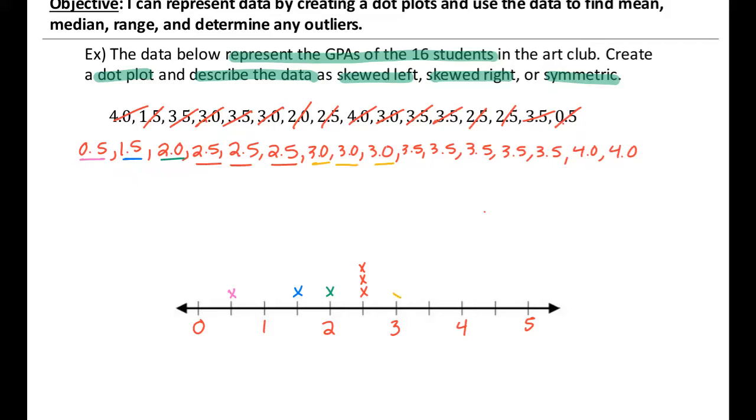So 3 x's above the 3. 3.5s, I have 1, 2, 3, 4, 5. So 5 x's above the 3.5. And then I have 1, 2 4.0s. So 2 x's above the 4.